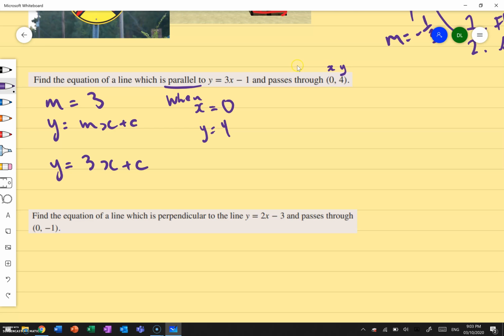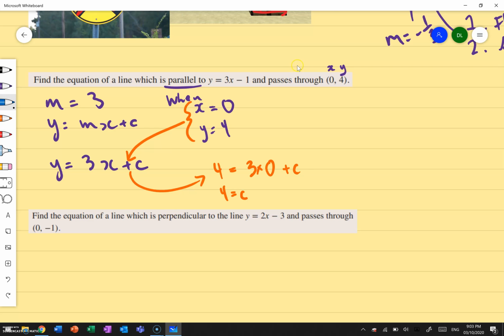So using this understanding, I'm going to put these numbers into this equation here, okay? And I get y, which is 4, equals 3 times x, which is 0, plus c. And I know that because 3 times 0 is 0, 4 equals c. In other words, c is 4.